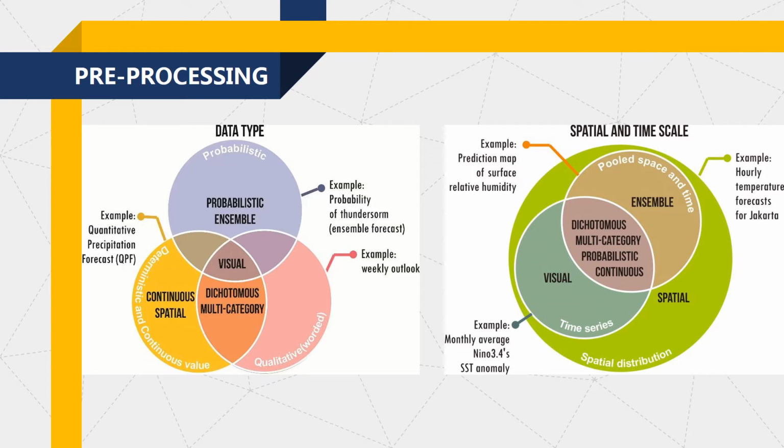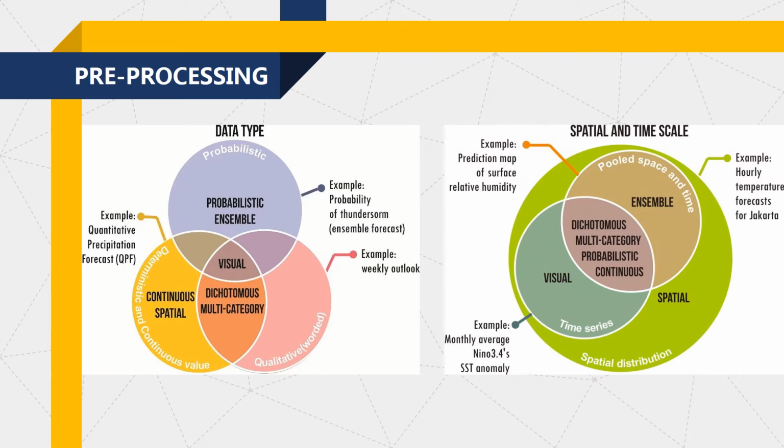And based on spatial and time scale, we will get three data types. They are in big picture: spatial distribution. Spatial distribution consists of time series and pooled space and time.